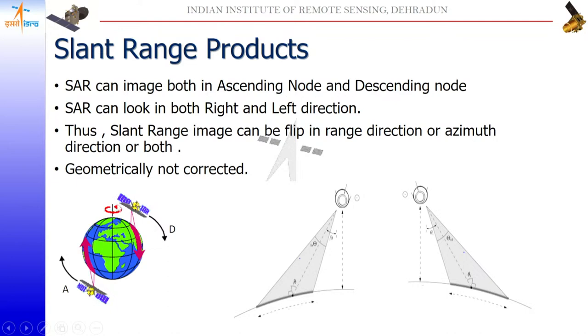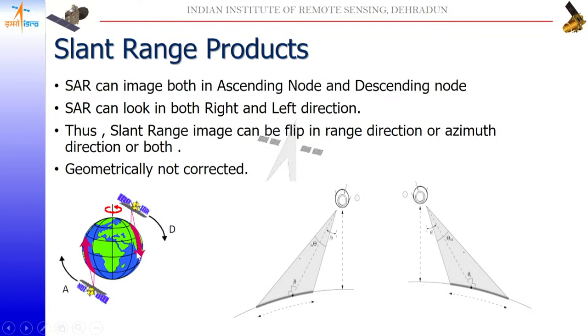When the satellite is passing from the north to the south, this is the descending pass, and when it goes from south to north pole, it is an ascending pass. Normally an optical satellite sensing near India, we are acquiring mostly descending pass data.